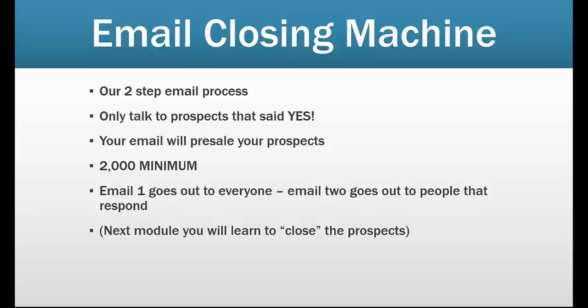And most importantly, your email will pre-sell your prospects. If you do it the way we show you with the profit pooling PDF, which we'll talk about in the next slide, it will not only filter it down to those 3% of people who are looking for your products or services right now, but it will also make you seem like the expert, the person who can actually get results and show that you're a real business entity.